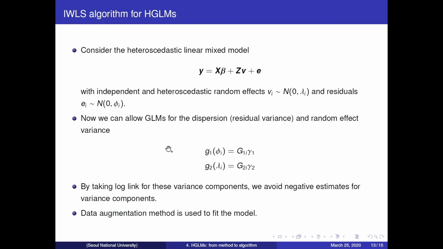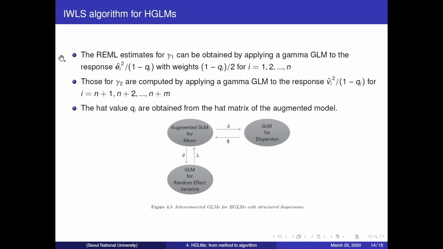The data augmentation method is used to fit the model. The REML estimates for gamma 1 can be obtained by applying a gamma GLM to the response e_i hat squared divided by 1 minus k_i, with the weight (1 minus k_i) divided by 2, for i equals 1, 2, until n.